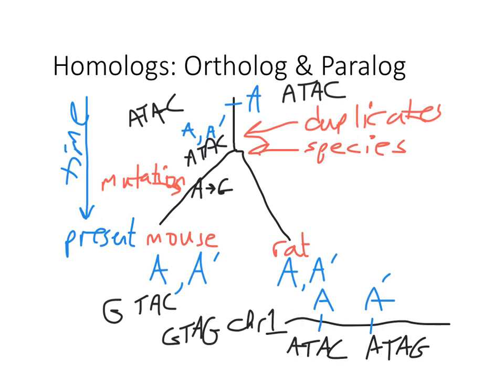The other difference that has occurred is at the first position. Based on this mutation, where that first nucleotide A in both copies of the gene mutated to become G, if you look at the first nucleotide of the genes in mice, it's G. If you look at the first nucleotide in rats, it's A. So if I just gave you the sequence, 4 nucleotides of one of these genes, and I said, is it from mouse or rat?